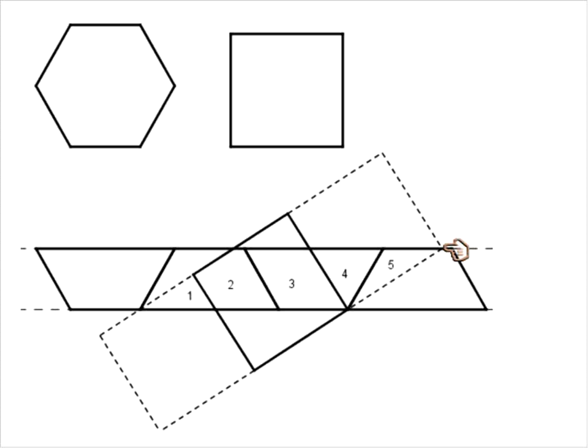Now what this means is that the area of overlap, the pieces I've numbered 1, 2, 3, 4, 5, have the same area as the square, and also because they've got the same area as the square, they must have the same area as the hexagon. And if you think about the parallelogram made up of 1, 2, 3, 4, 5, those strips have got the same base as the square and the same perpendicular height as the square, and therefore the same area.